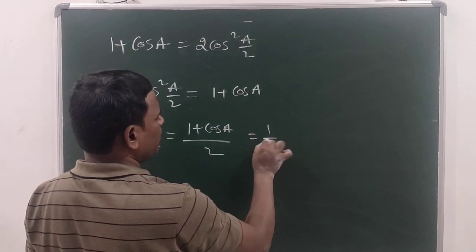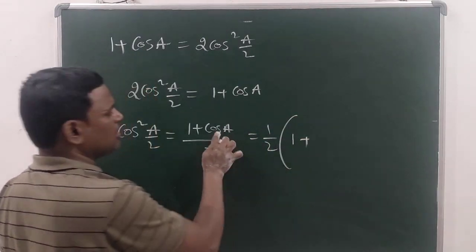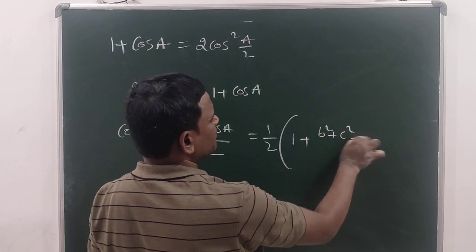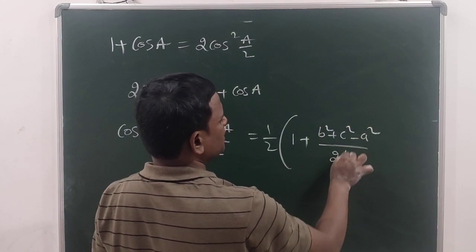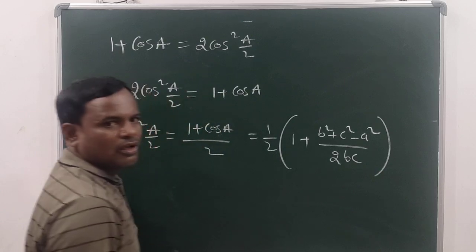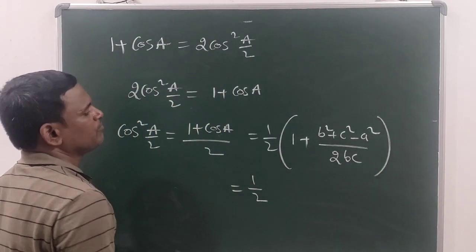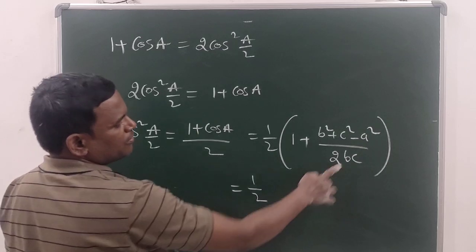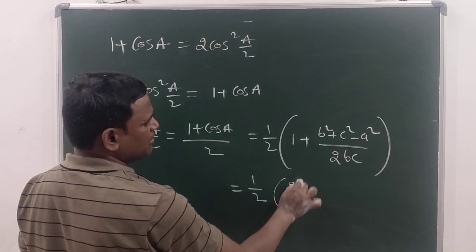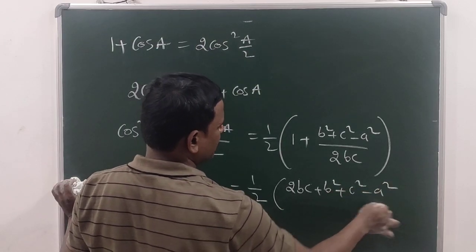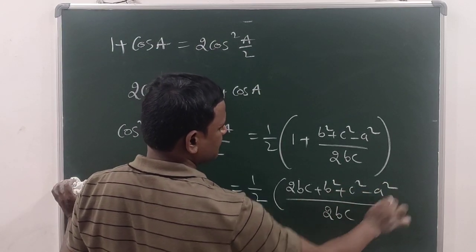Now write 1 by 2 outside, 1 plus cos A. So cos A formula is b square plus c square minus a square by 2bc. Okay, now take cross multiplication. 1 by 2, 1 by 2. So when you take cross multiplication, 2bc plus b square plus c square minus a square by 2bc.